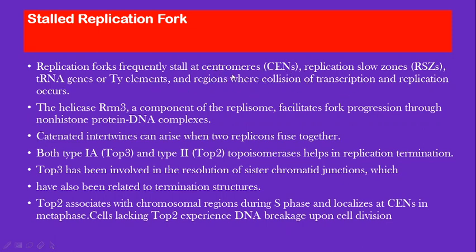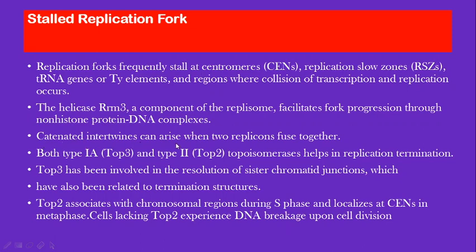In these regions the collision of the two replication forks will take place. The helicase RRM3, a component of the replisome, will facilitate fork progression through non-histone protein DNA complexes.